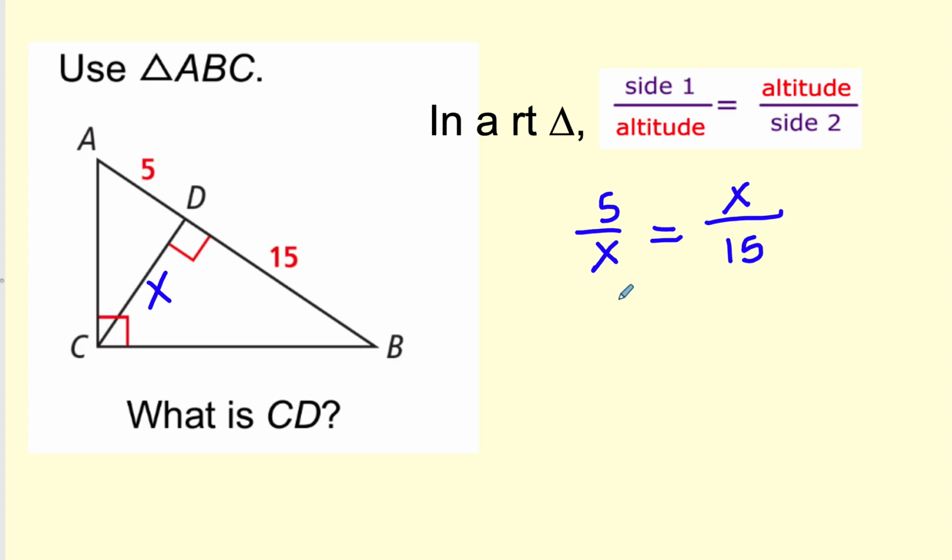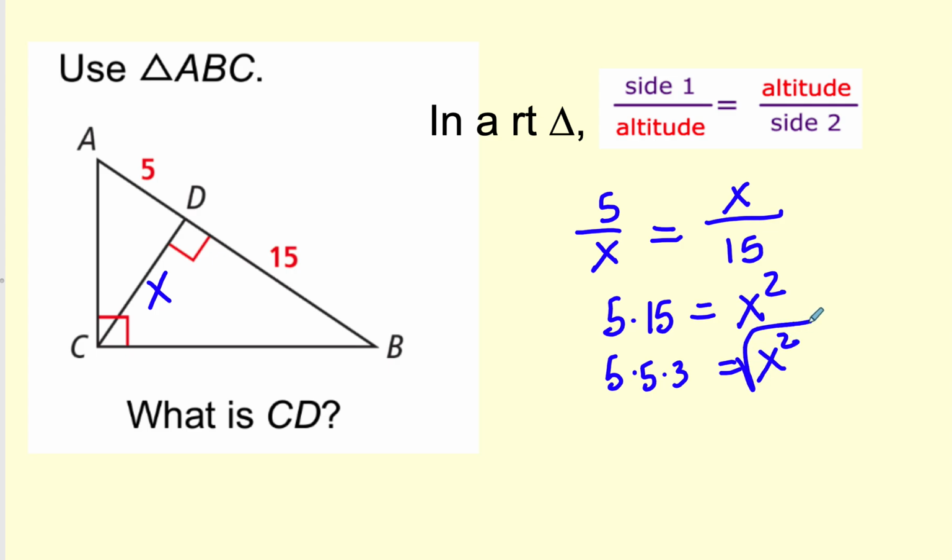I'm going to cross multiply. 5 times 15 equals X squared, and I'm going to write 15 as 5 times 3, and now I'm going to take the square root. And when I take a square root, I can see that I have this double factor, which I can take out of the square root. 5 square root of 3 is equal to X, and that will be my X, my altitude.